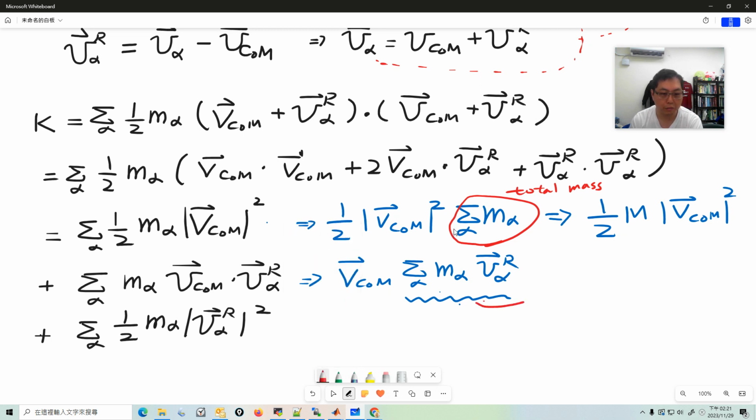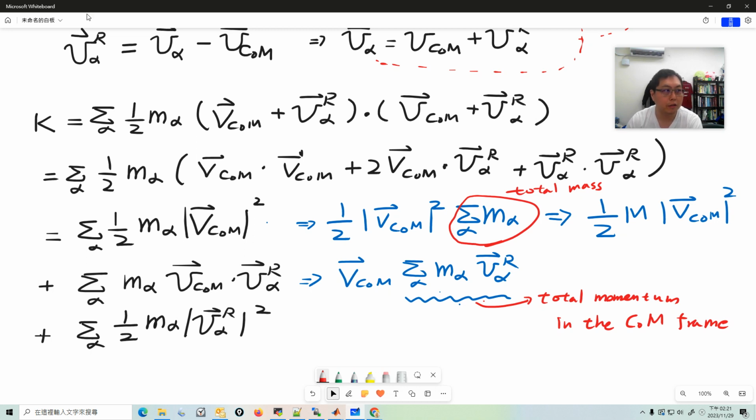This term is the total momentum in the COM frame, because it's mass times velocity, right? The velocity is a relative velocity, relative to the center of mass. So it's the total momentum in the center of mass frame.